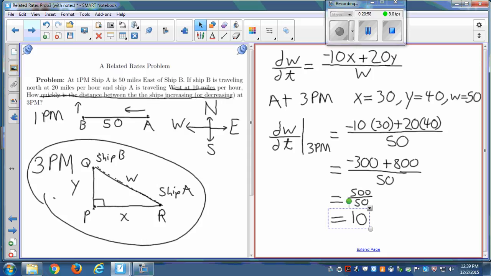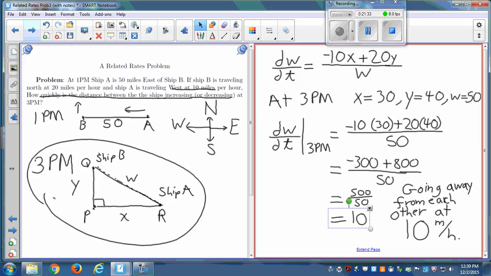So the two ships are going apart or away from each other at a rate of 10 miles per hour.